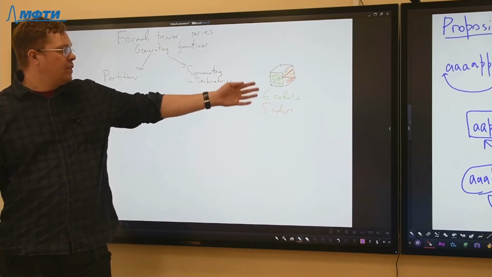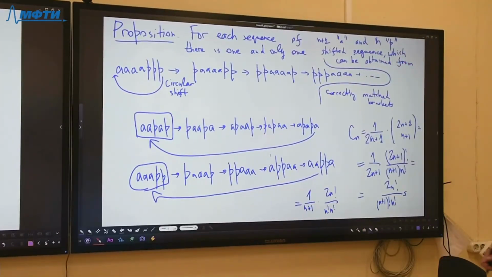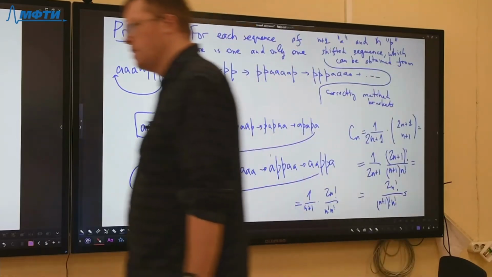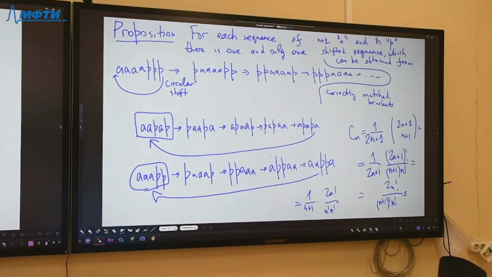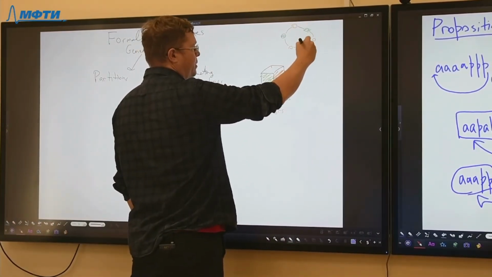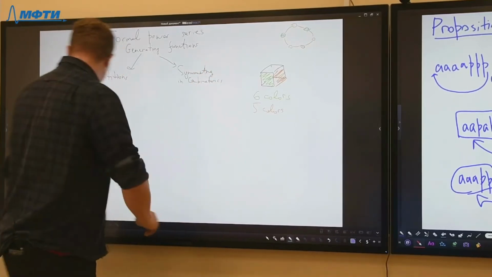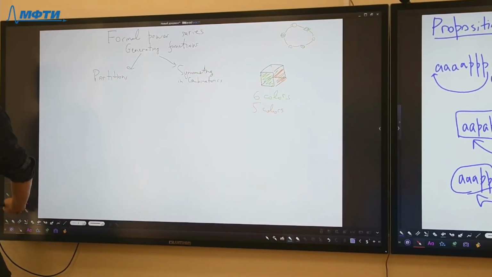And this is the same idea. If you want to calculate, for example, necklaces, with different colorings, how many necklaces can you have if you have k different colors?